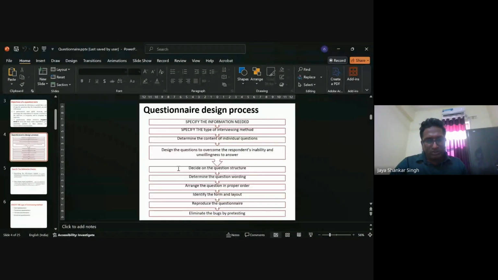We went through the questionnaire design process. We have discussed this, right? Okay. Now we have discussed survey creation, the questionnaire design process, and the third way of data collection is left, which is the observational method. Let me share the slide.